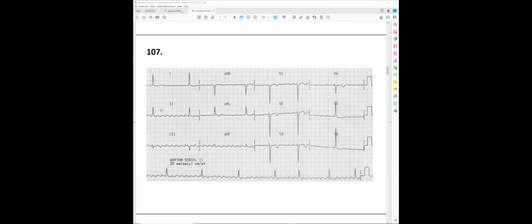So this is lead number 2. That's a QRS. It's only positive. There's no negativity in the QRS. So it's positive, but that's close to 0. So this is why we said that's 0. Okay. All right. Thank you.